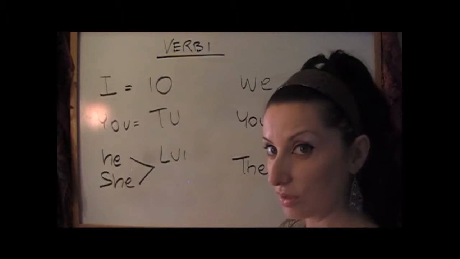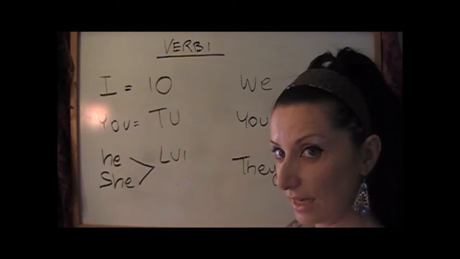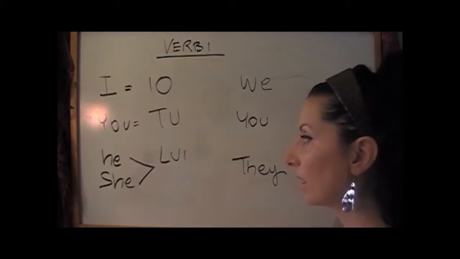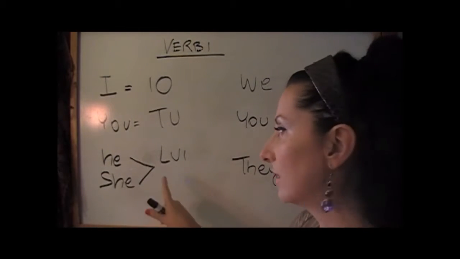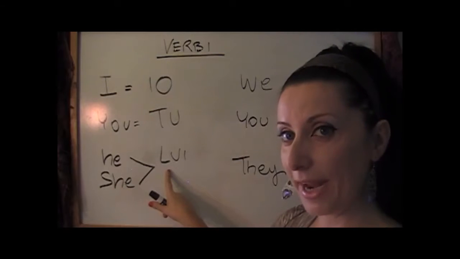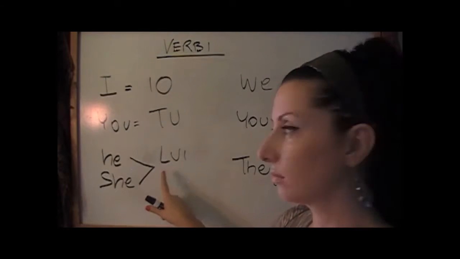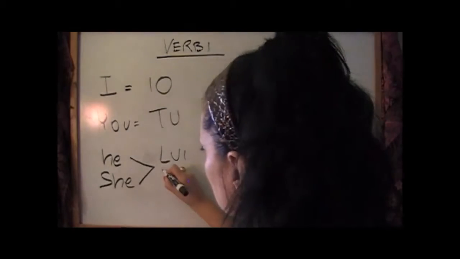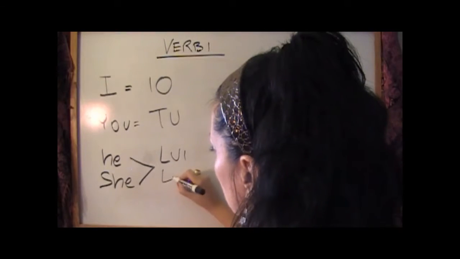You're going to learn to pronounce that in the lesson about rules of pronunciation in Video Grammar 1. So in Italian you read everything. This is he, a man, and it is lui. Instead, she will be lei.